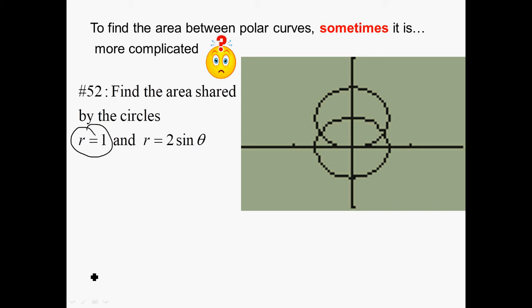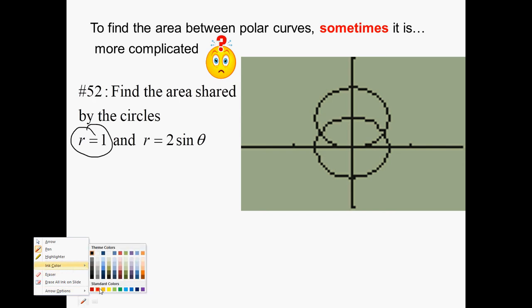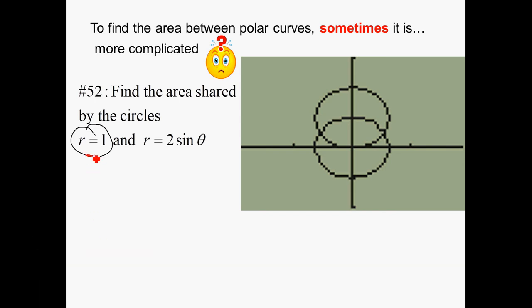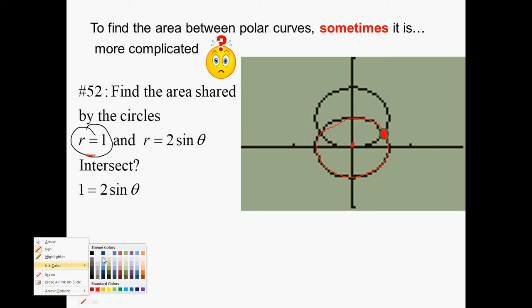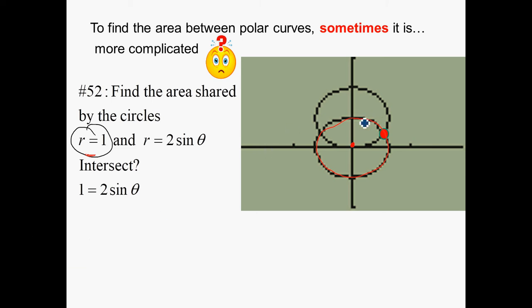But hopefully you can see that when you put these in your calculator, the circle with a center at 0 and a radius of 1 is here, and the other circle must be 2 minus 2 sine theta.